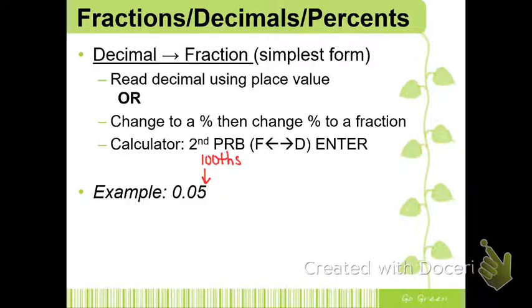So 0.05, there's a 0 in the ones place, a 0 in the tenths place, and the important part is that there's a 5 in the 100ths place. So this is the same thing as 5 100ths, which reduces to 1 over 20. So 0.05 is equivalent to 1/20th.